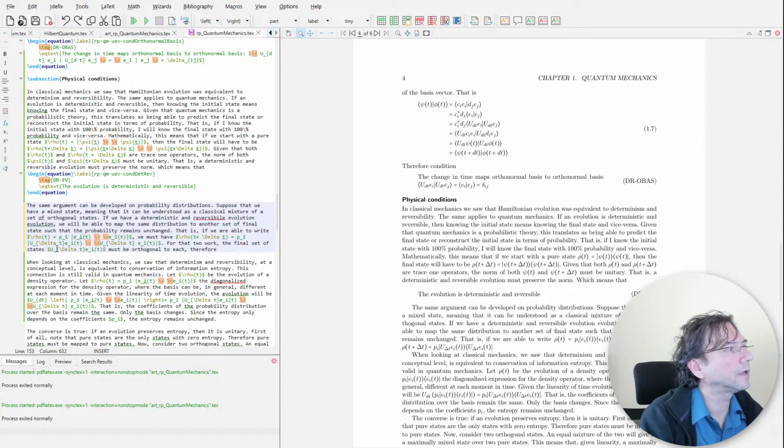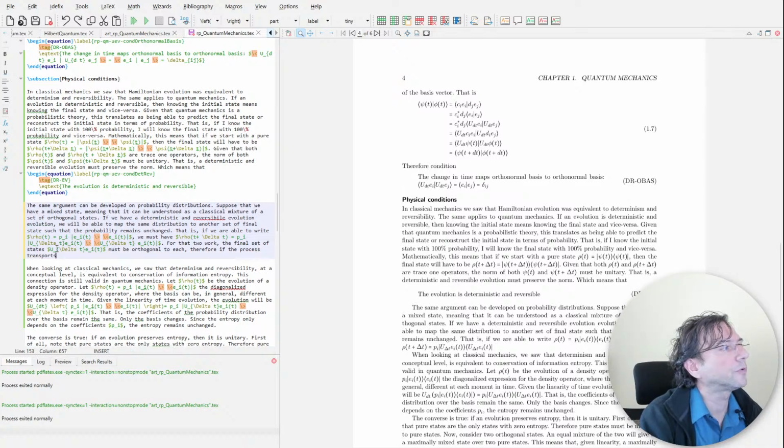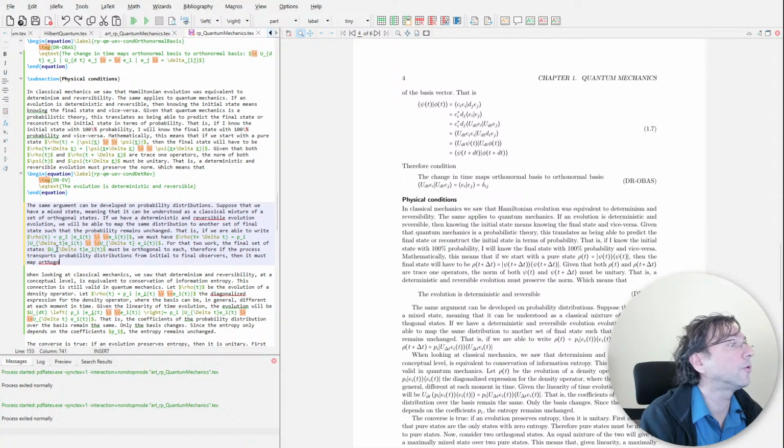Therefore, if the process transports probability distributions from initial to final observers, then it must map orthonormal basis to orthonormal basis.